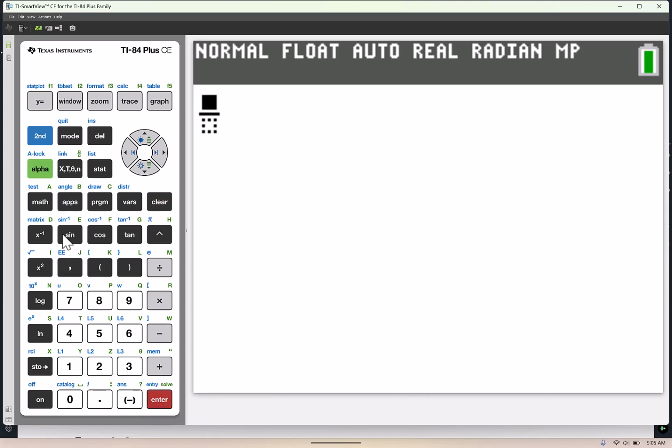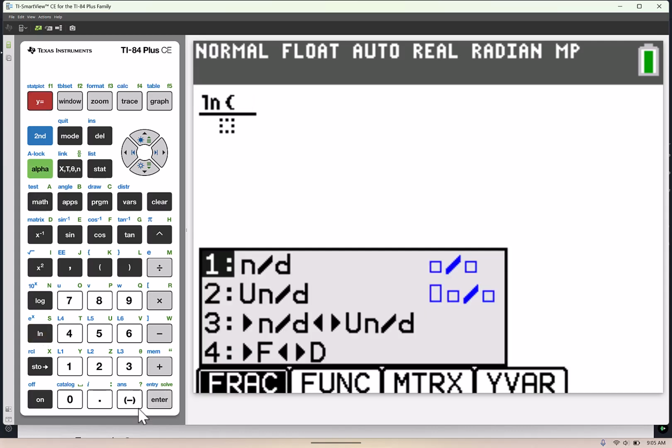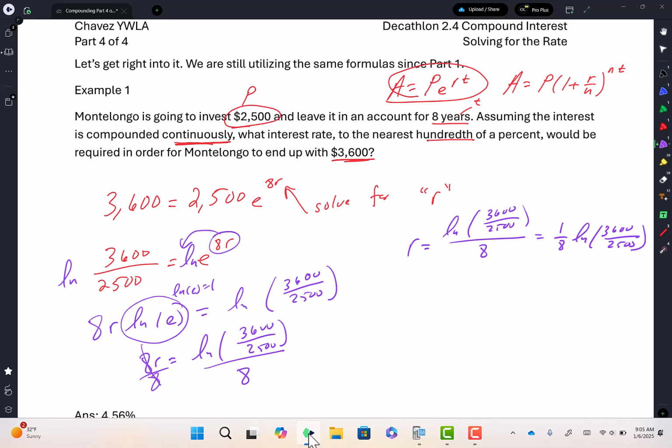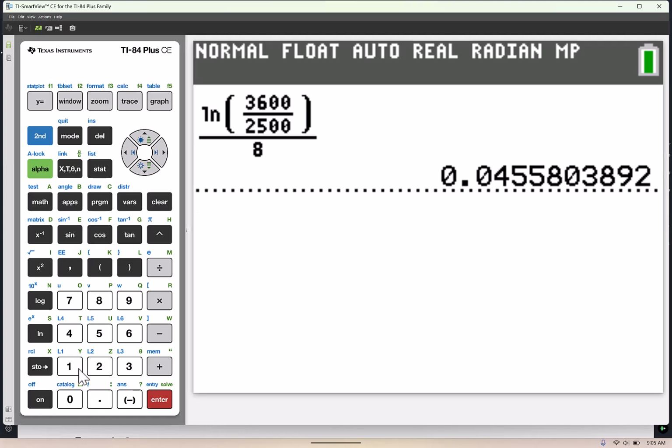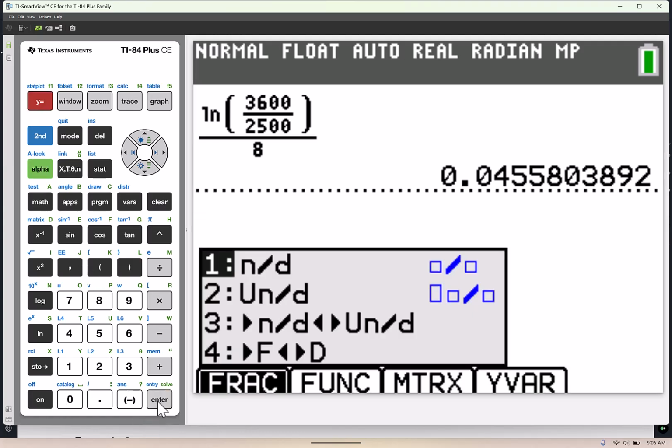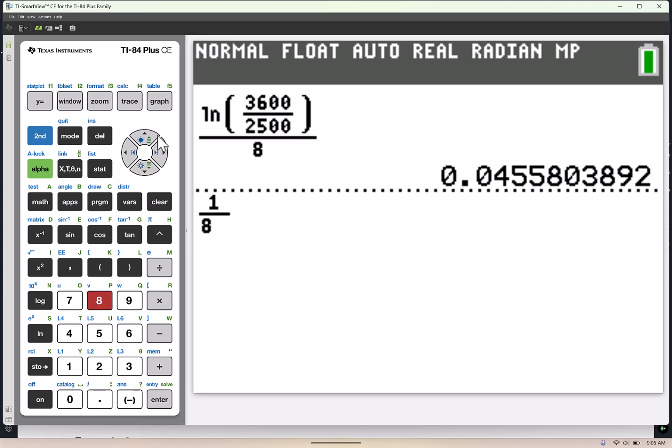I'll put ln, then the fraction 3,600 over 2,500, divided by 8. You could have also done it as 1/8 like that, because it's the same thing. Some people say this looks cleaner, and I kind of agree, but you'll get the same result.